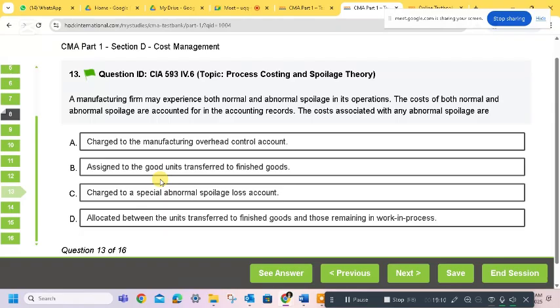A manufacturing firm may experience both normal and abnormal spoilage in its operations. The cost of both normal and abnormal spoilage are accounted for in the accounting records. Costs associated with abnormal spoilage are charged to spoilage.